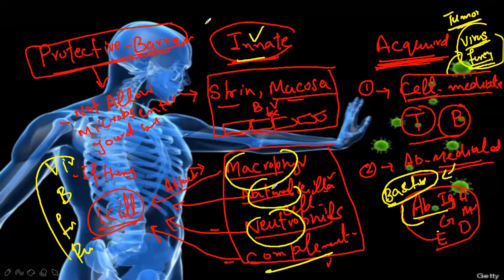For example, every city has its own police, the first line of defense. If there is any robber, thief, or terrorist, the first defense is given by the city.